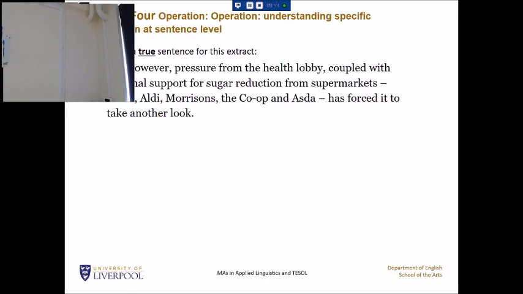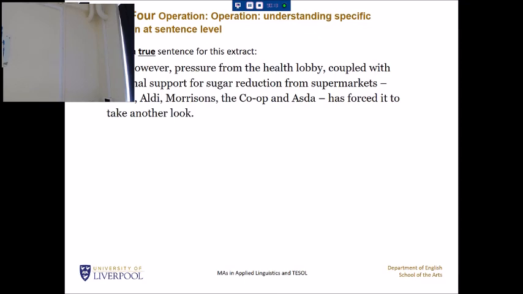Can you focus on this line? National support for sugar reduction from the supermarkets. That's what we want to target here. So we can begin with supermarkets as the subject of the sentence.